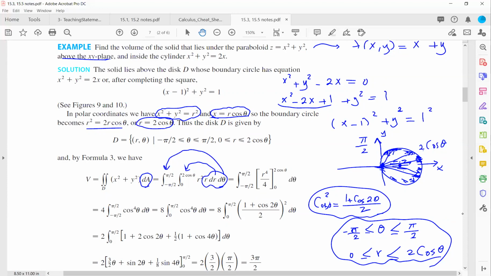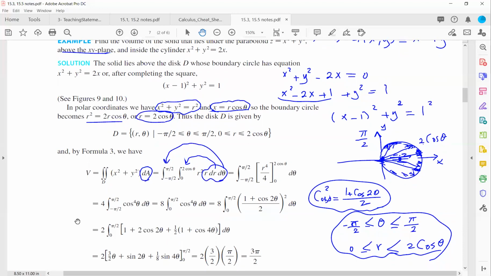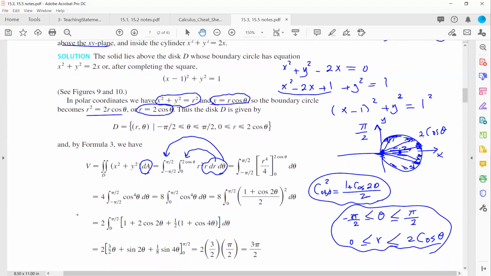8 divided by 4 is 2, and by multiplying 1 plus cosine 2 theta by itself, you get 1 plus 2 cosine 2 theta plus a half times 1 plus cosine 4 theta. Now we have nice functions that we know how to integrate. The integral of 1 with respect to theta is theta.